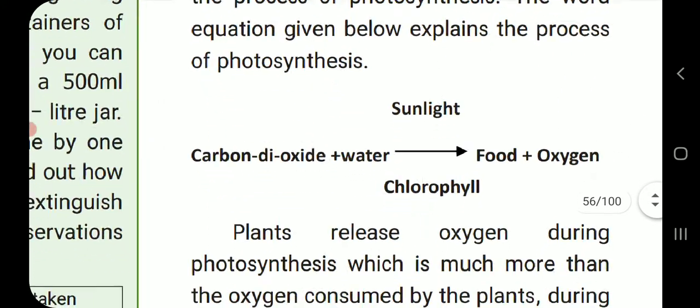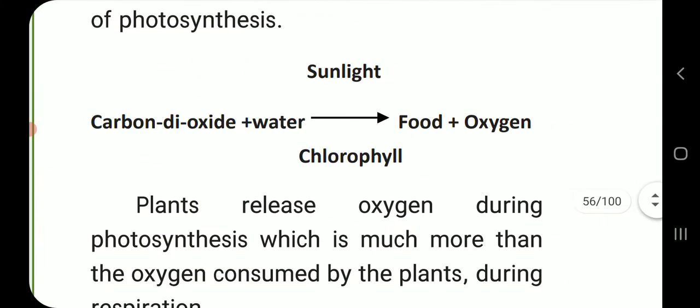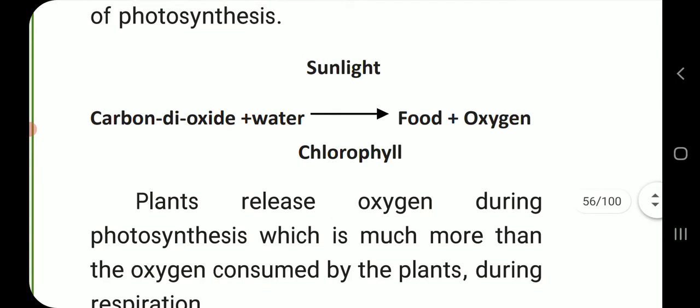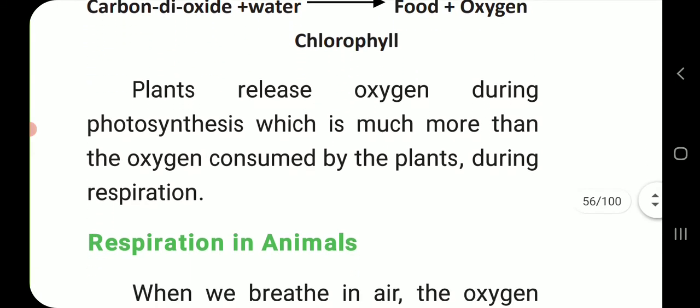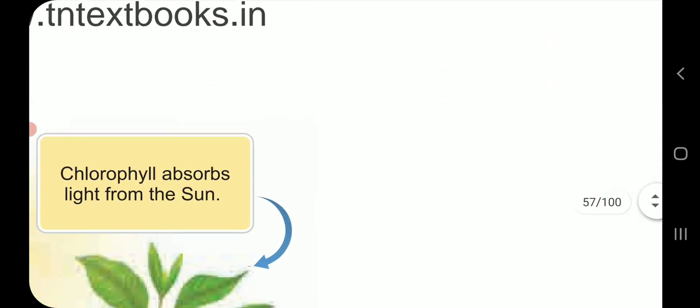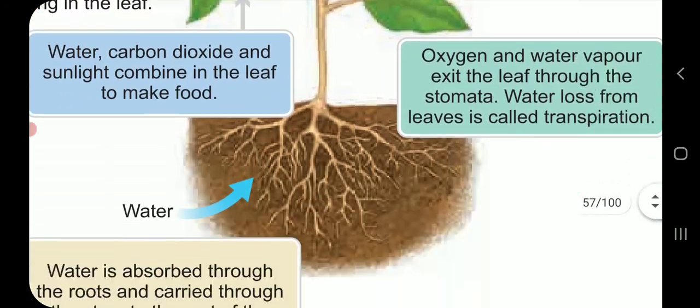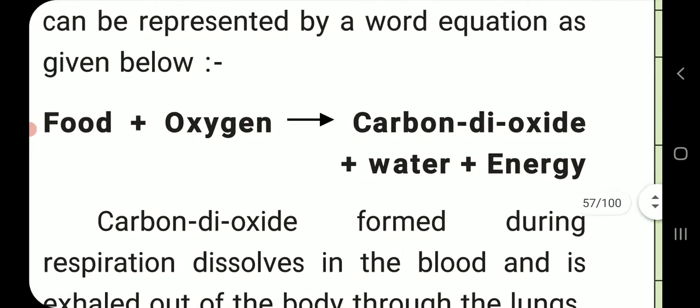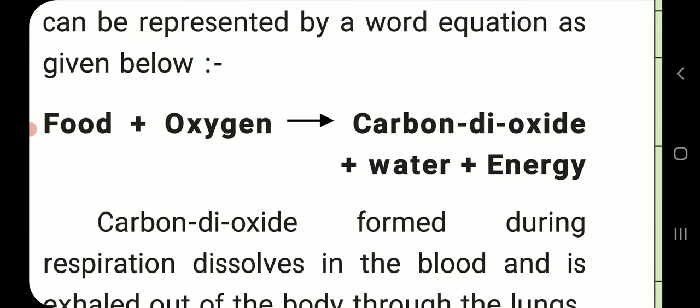Now, respiration in plants. This is an important equation. Carbon dioxide plus water, in the presence of sunlight and chlorophyll, gives plants food and oxygen. This is called photosynthesis. In the same manner, animals take food and oxygen and give out carbon dioxide, water and energy.